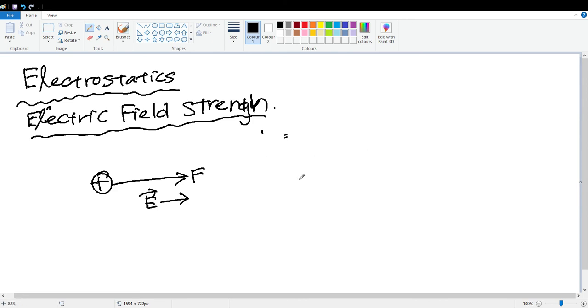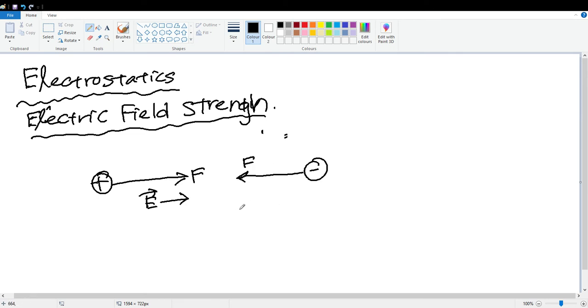And as for the negative charge, let's say these two charges are interacting. The force on the positive charge is towards the right, and the force on the negative charge is towards the left.